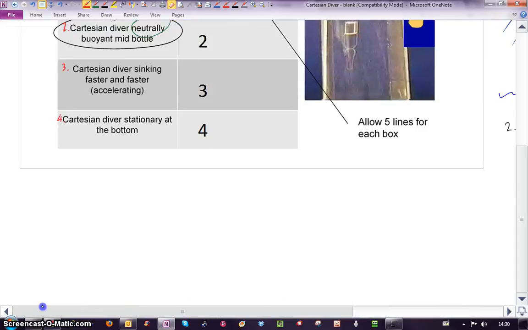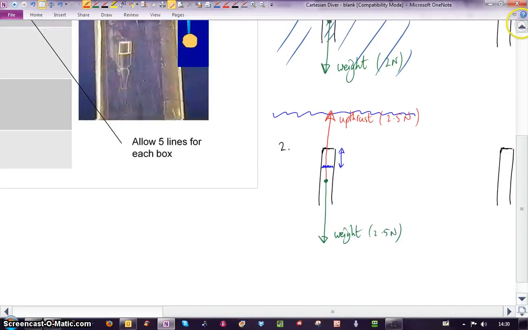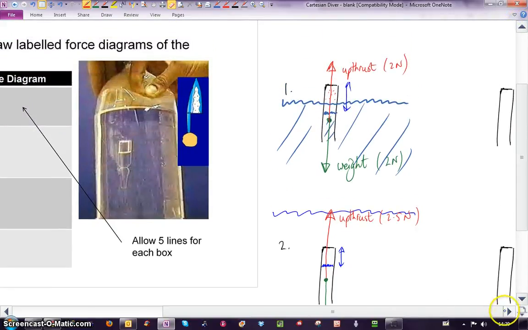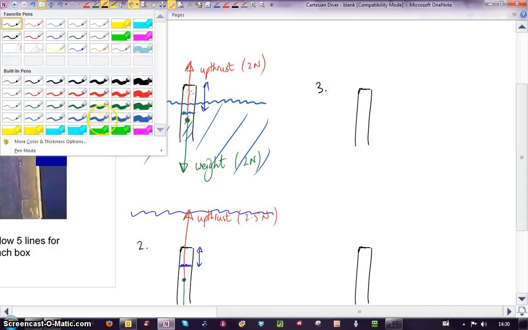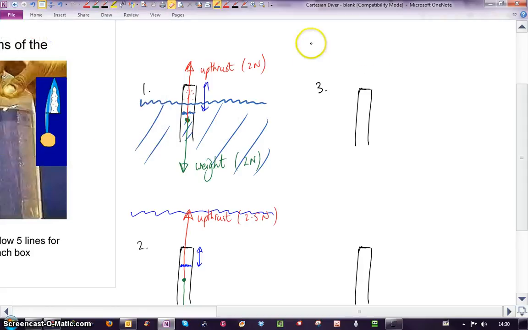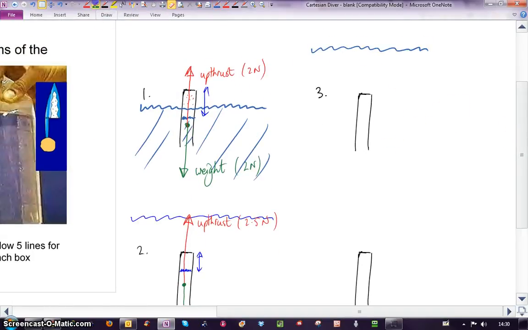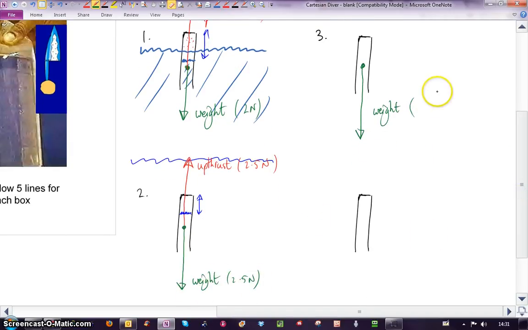Okay, diagram 3. Cartesian diver sinking faster and faster, accelerating. Now you should know from the work that you've done before on forces that if something is accelerating, then there must be a resultant force on it. This is number 3. Let's go for weight. Now if it is accelerating, that weight must be greater than the upthrust. 2.5 before, let's make this one 2.8 newtons.